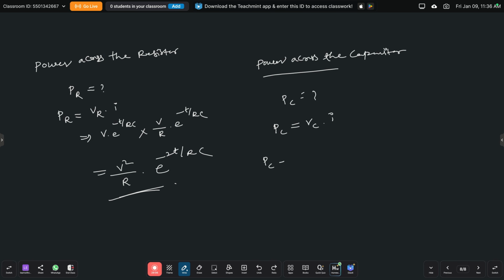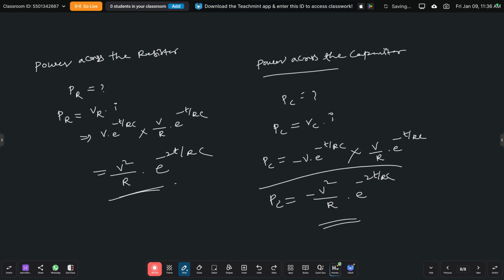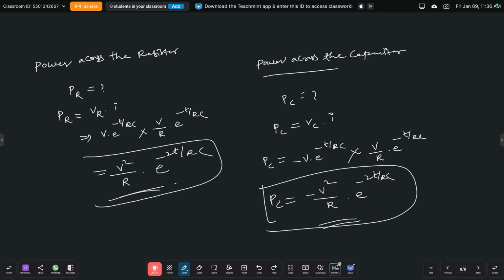Voltage across the capacitor is minus V into e power minus t by RC, and current is V by R into e power minus t by RC. So we get minus V square by R into e power minus 2t by RC. This is the power across the capacitor, and the previous one is the power across the resistor.